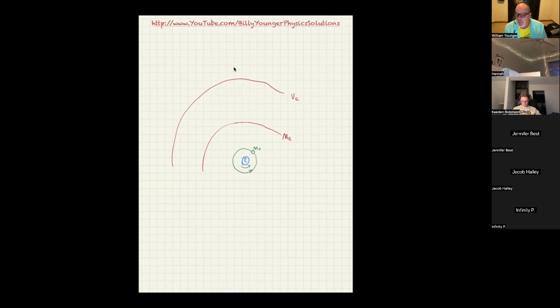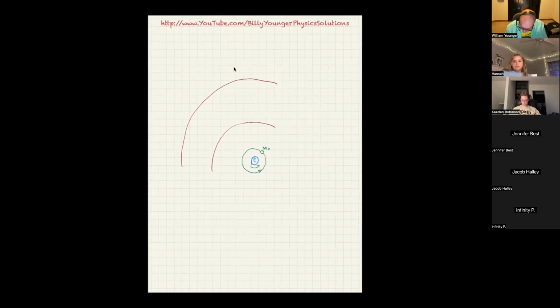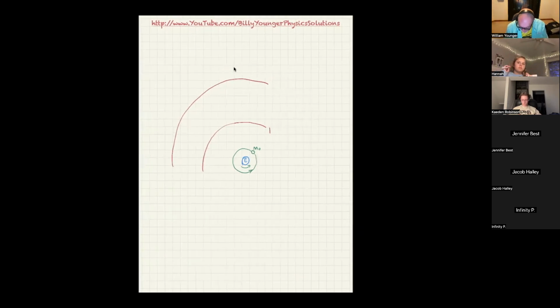Okay. When you first make this model, it's not that big a deal. But after you've been paying attention to things for a little while, you realize some problems that make it kind of a pain in the butt. So, for instance, what we notice over a period of time is that Mercury never gets very far away from the sun in the sky.